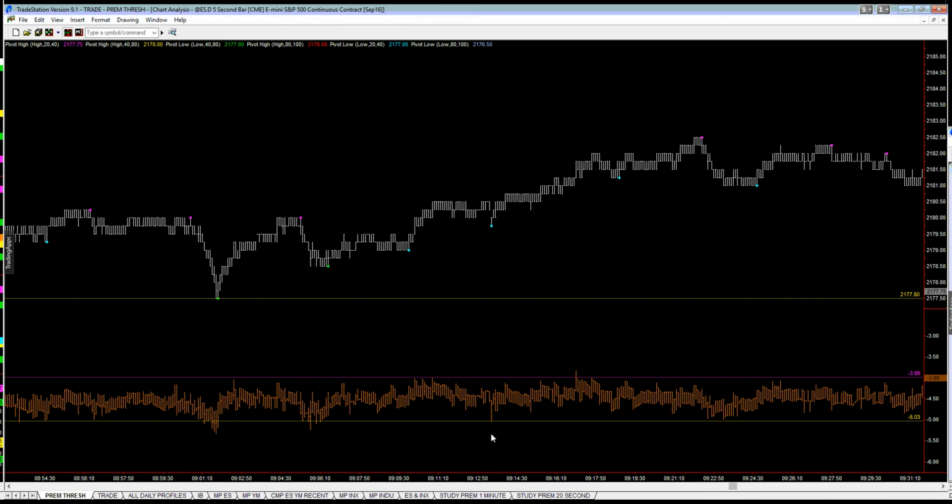Now, if that's correct, and we look back, we should be setting a threshold that would have allowed us to anticipate the continued move up, which we do.